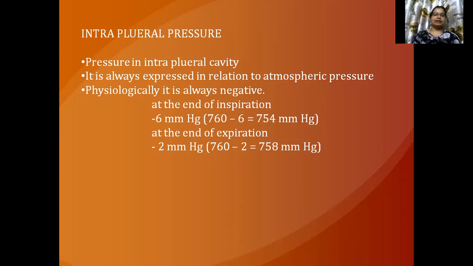It is always expressed in relation to atmospheric pressure, which is 760 mmHg. Physiologically, it is always negative: at the end of inspiration, minus 6 mmHg, and at the end of expiration, minus 2 mmHg.